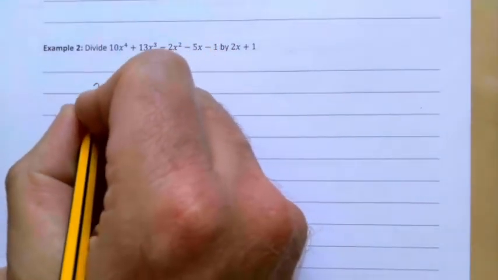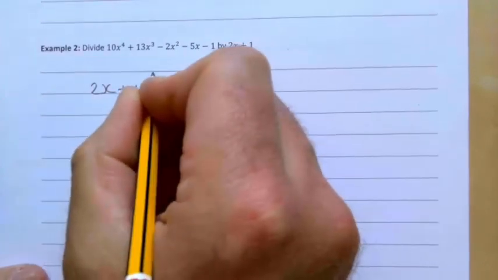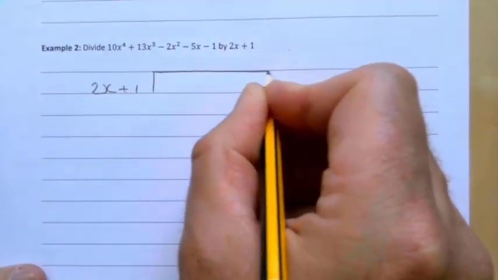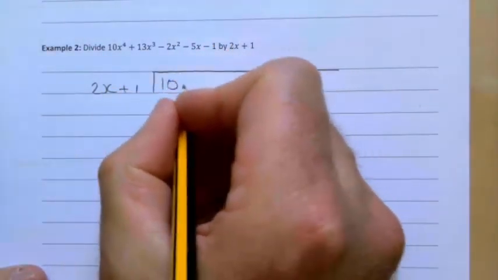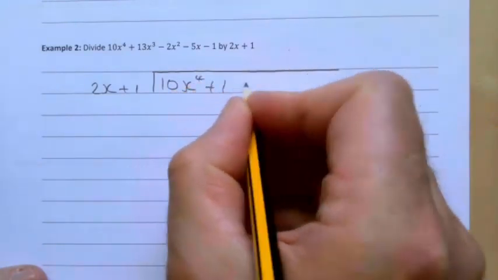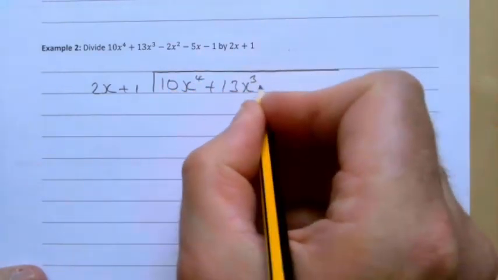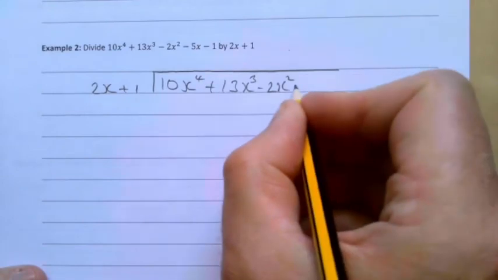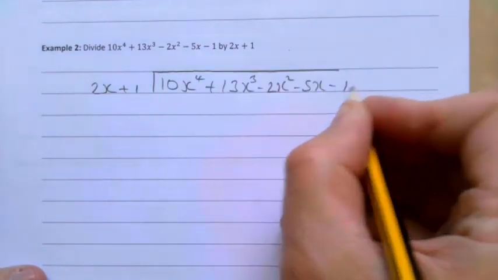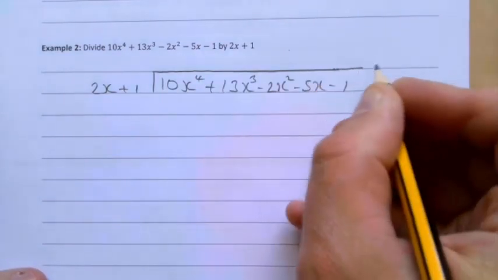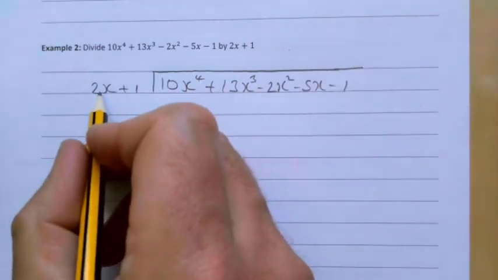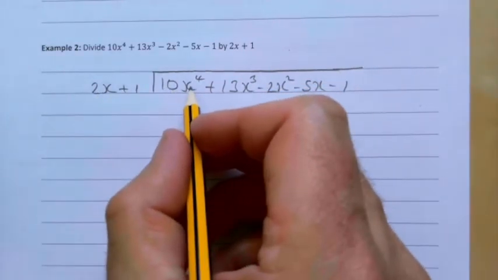This one's a quartic expression, so we're dividing 2x plus 1 into 10x to the power 4 plus 13x cubed minus 2x squared minus 5x minus 1. 2x times what gives me 10x to the power 4?